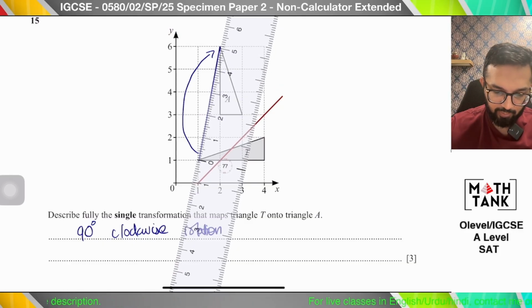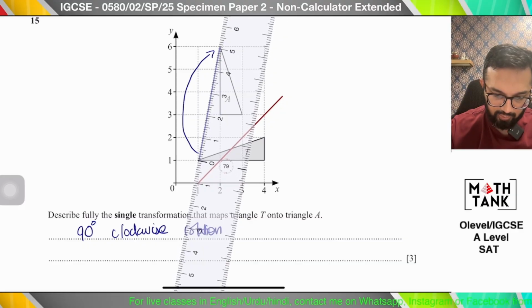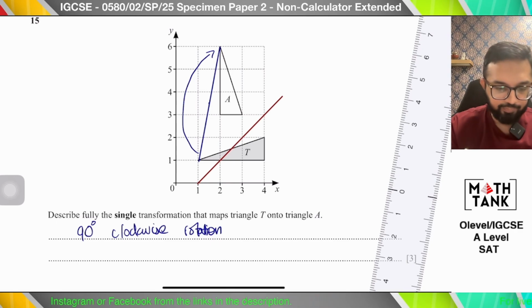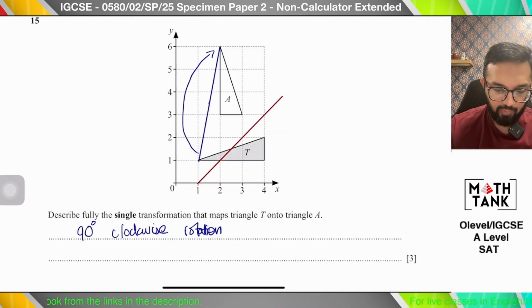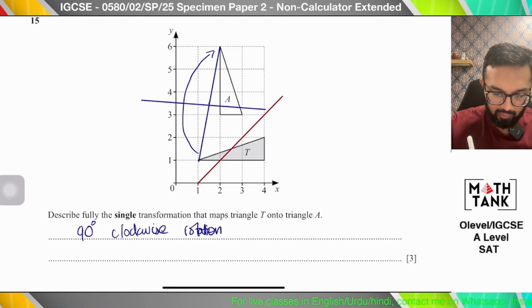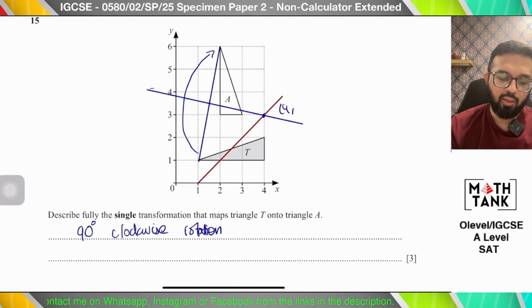That's 5.1, so approximately 2.6, 2.55. My gut feeling is that it's going to pass somewhere from here, so I can sort of guess that this should be the center of rotation. That was a tough one.